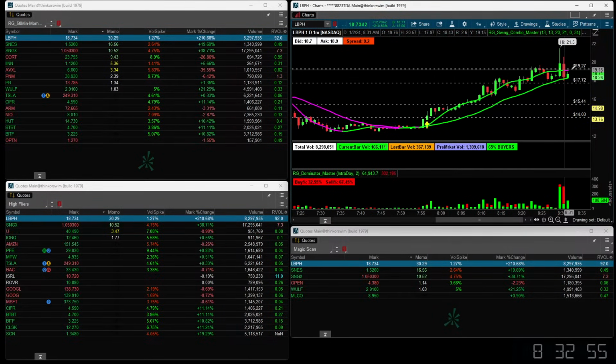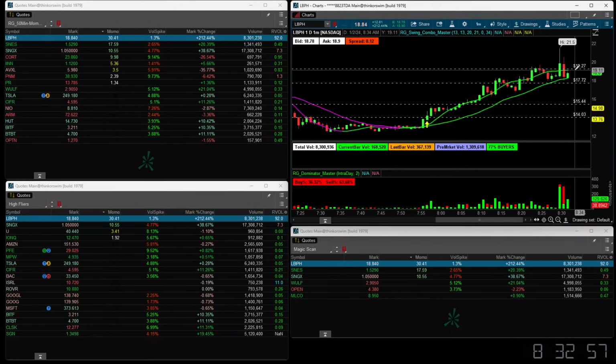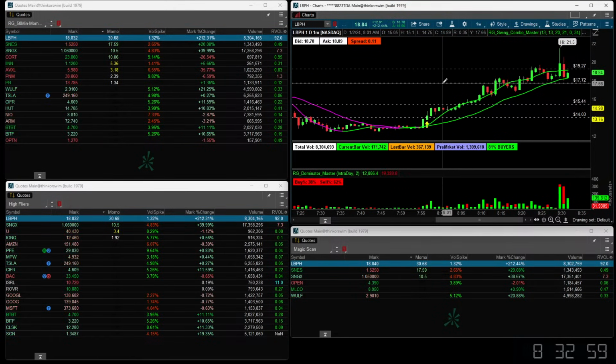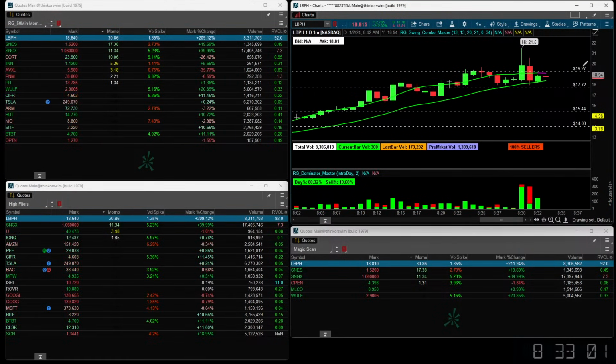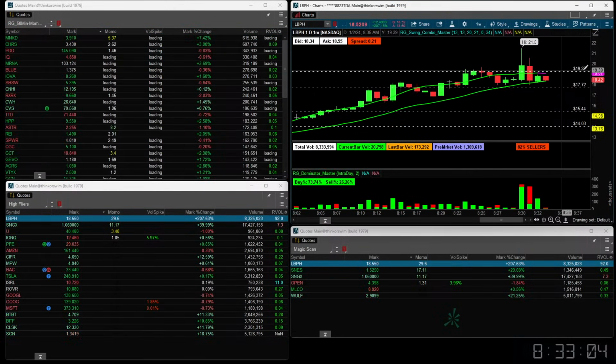This faster swing line keeps turning to magenta color at the top. Let me zoom in a little bit more so you can see that. You can see the color change.